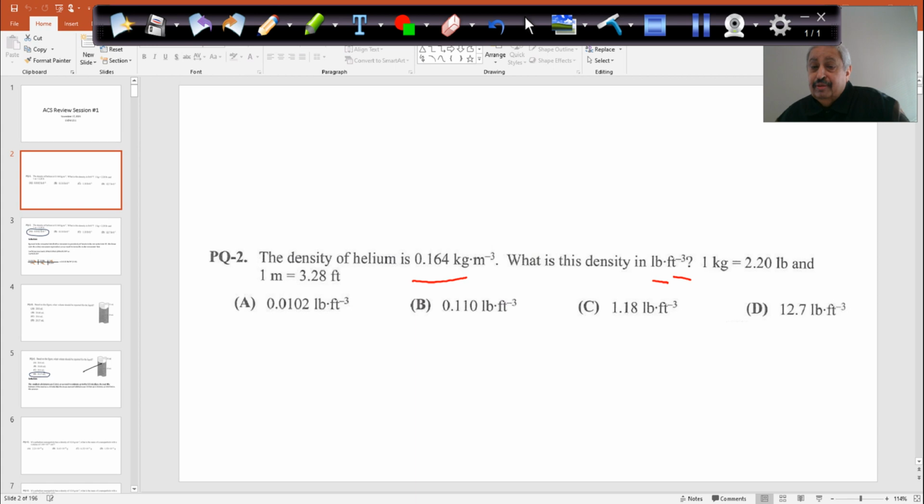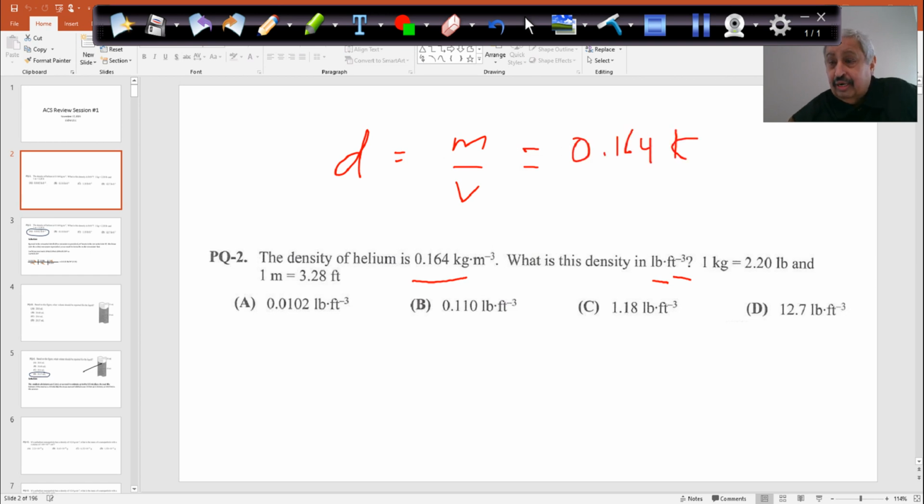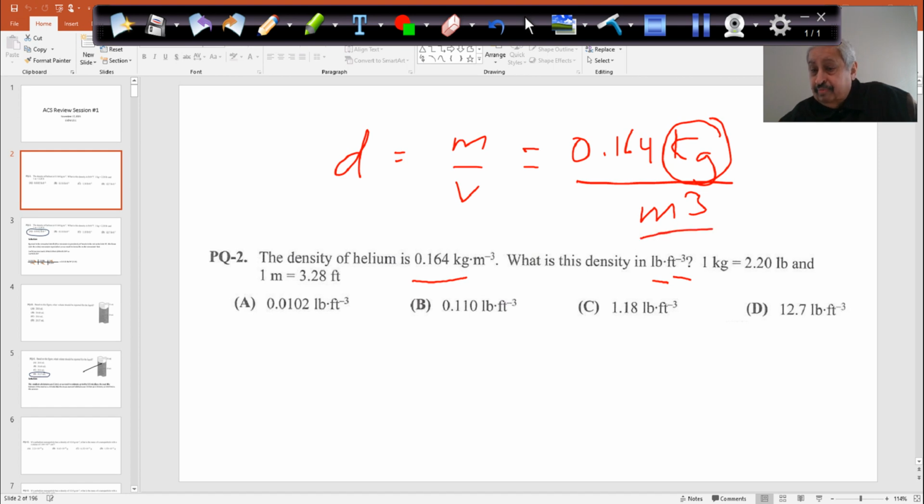So as I said, density is mass over the volume, and we have the value 0.164 kilogram per cubic meter. So we need to get first the kilogram, the mass, into pound, and the other one we have to get the meter cube into foot cube.